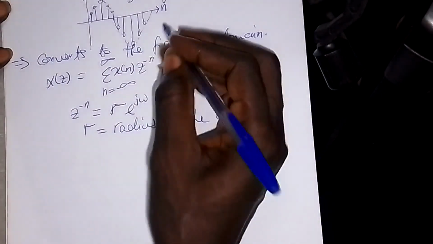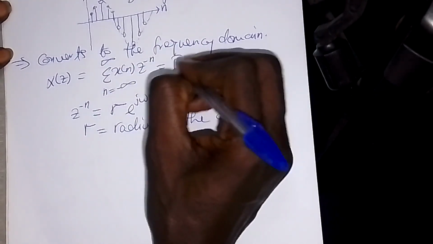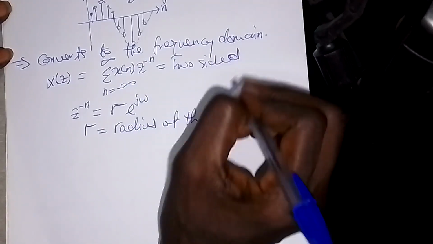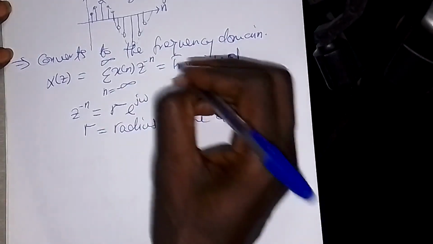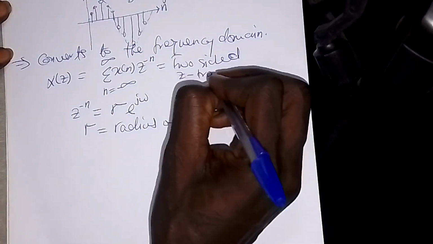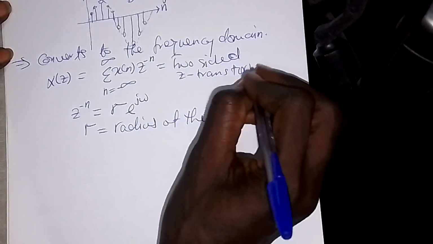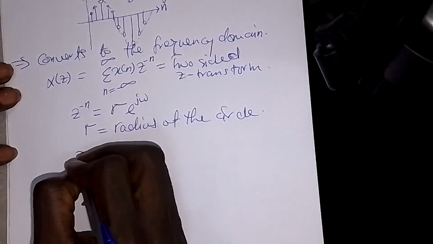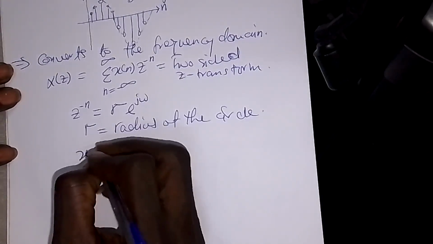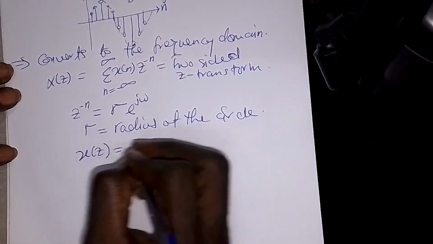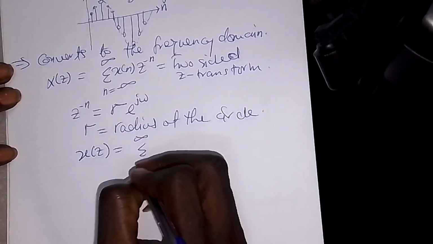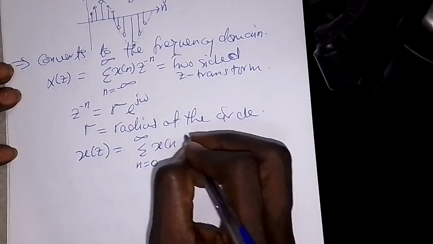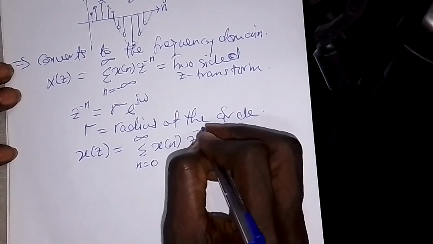This formula is called the two-sided Z transform. We also have the one-sided Z transform, which is the summation from n equals 0 to infinity of x of n times z to the minus n.